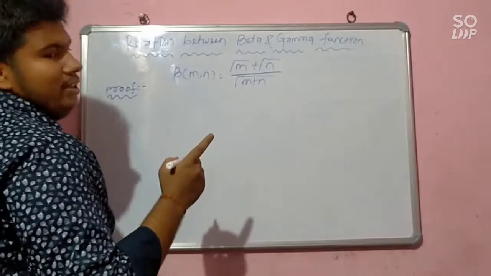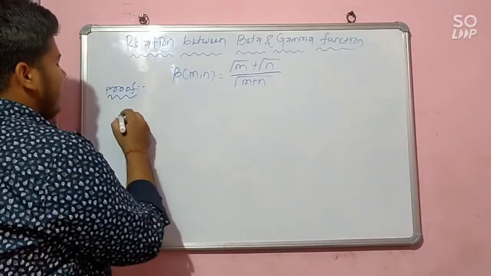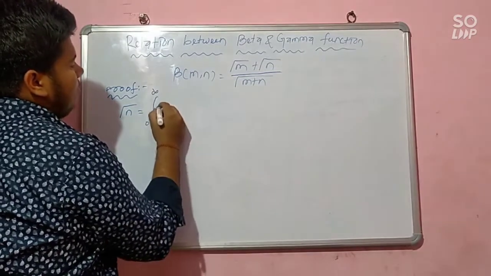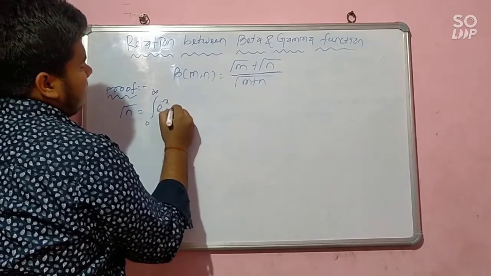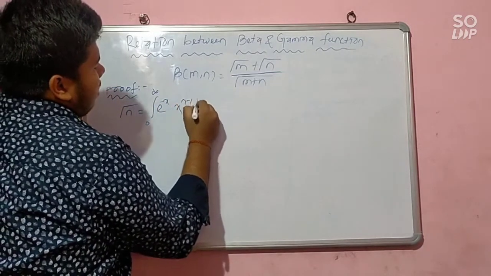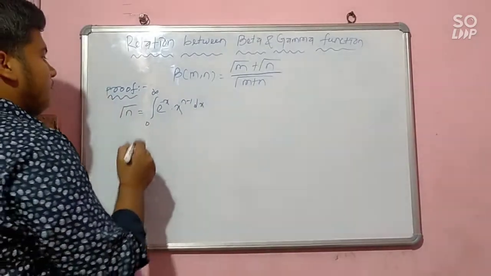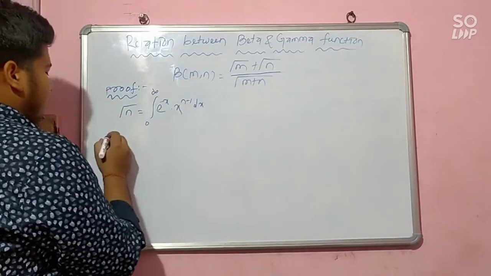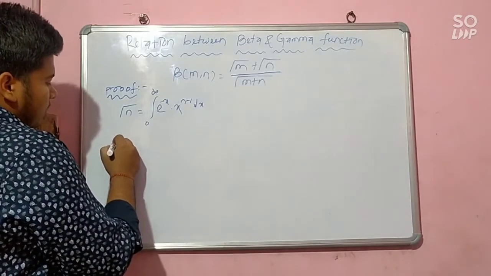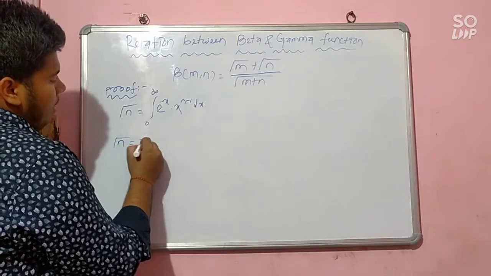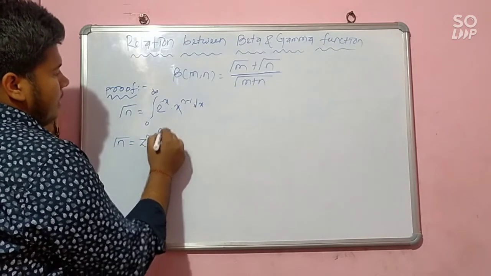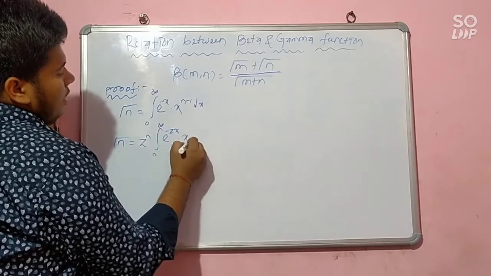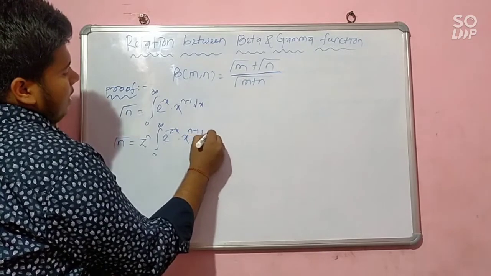We know by the definition of the gamma function we can write gamma n is equal to the integral from 0 to infinity of e to the power minus x into x to the power n minus 1 dx. Okay, students, and also by the property of the gamma function we can write that gamma n is equal to z to the power n times the integral from 0 to infinity of e to the power minus zx into x to the power n minus 1 dx.